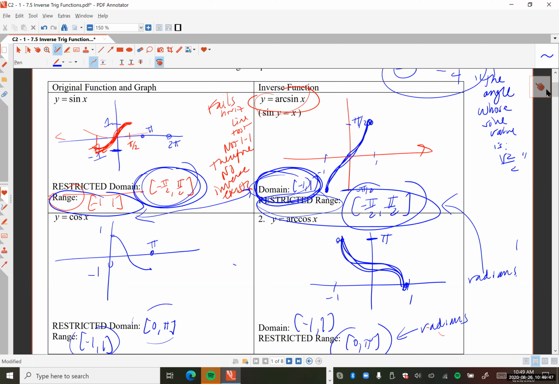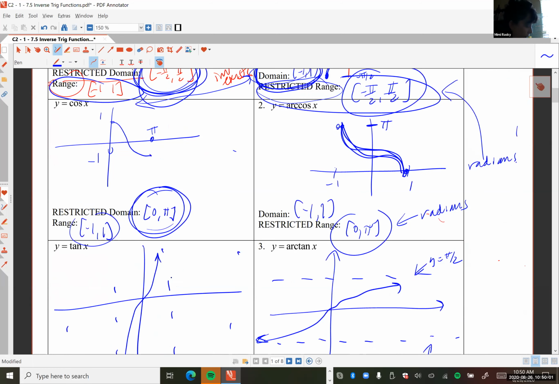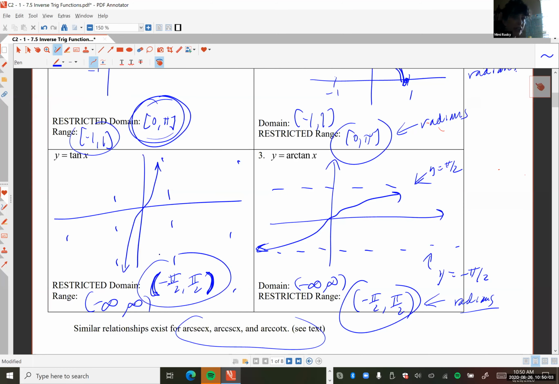So for arc sine, the angle better be a number between negative pi halves and positive pi halves. For arc cos, you're restricted to 0 to pi. For arc tan, it has to be between negative pi halves and positive pi halves.